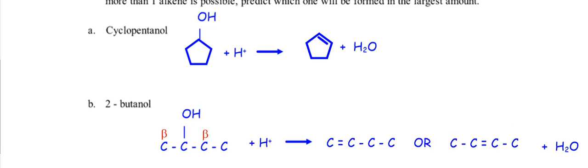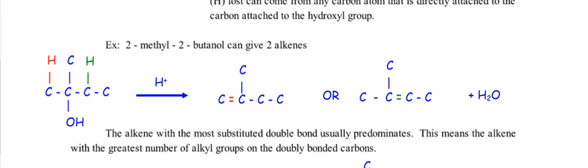Let's go back and look at your notes real quick. This is the second page of the elimination of the alcohol section of your notes, I think it's 7.8. Here it says example, 2-methyl-2-butanol can give two different alkenes. Which one is going to predominate? The alkene with the most substituted double bond usually predominates.